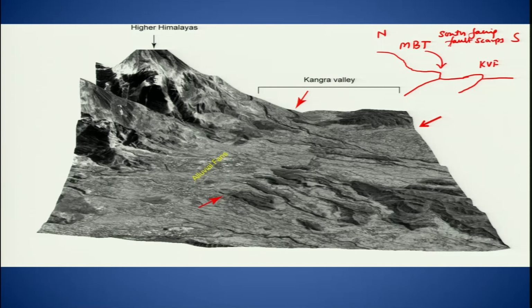What we saw was, we are not very sure what the fault is, probably it is almost vertical here. In the Kangra Valley fault which we identified, it showed as a north facing scarp.